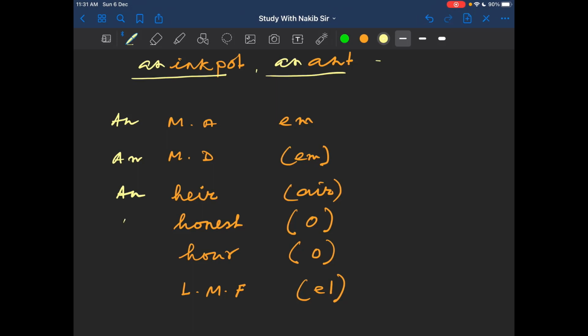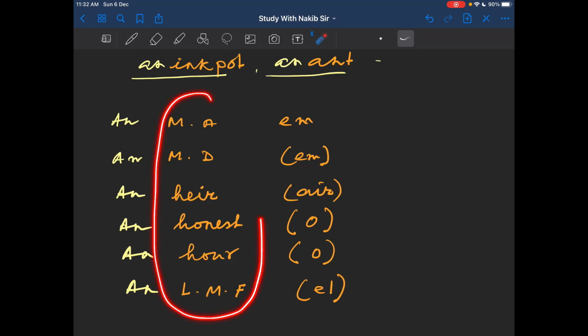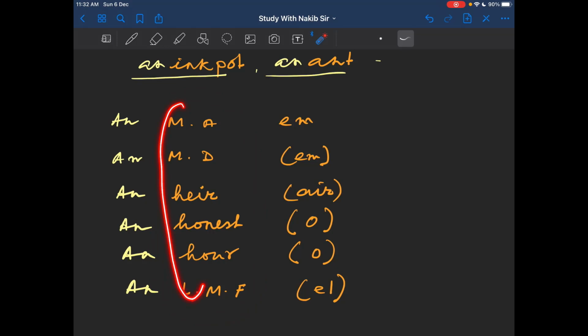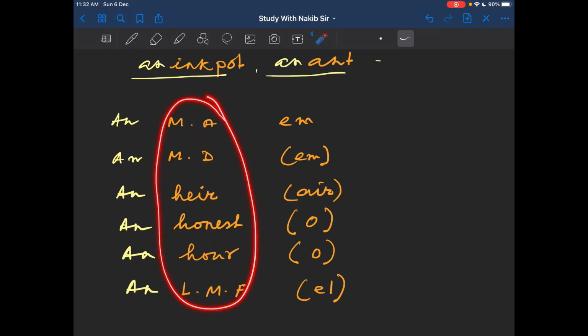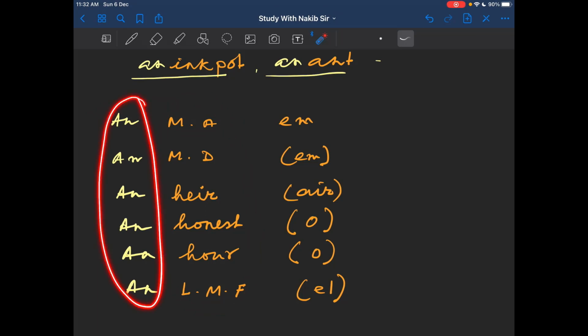An heir, an honest, an hour, an L-M-F. So these are the words beginning with a consonant but with a vowel sound. For this, before them they take the indefinite article an.